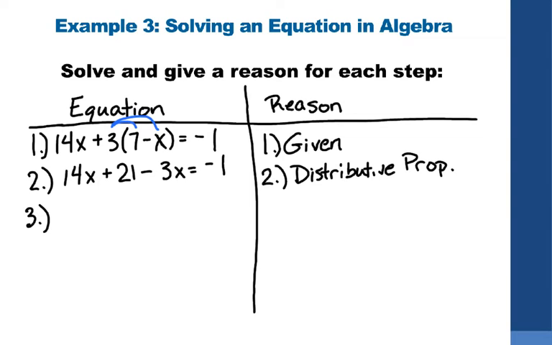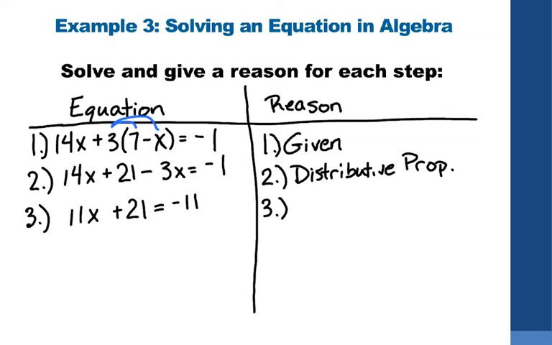Okay, my next step, I'm going to combine some like terms here. 14x and a minus 3x here will give me 11x. Okay, so step 3 here, and whenever you combine like terms, state that.